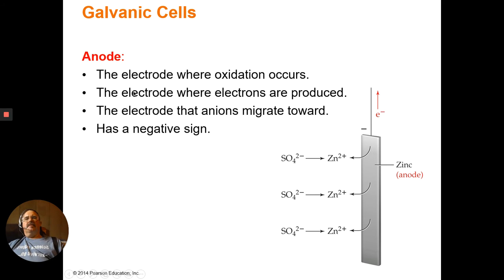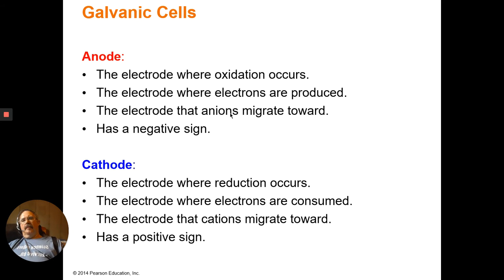The anode is the electrode where oxidation occurs. This is where electrons are produced. It's called the anode because anions will migrate toward it, and we give it a negative sign. So oxidation occurs at the anode.